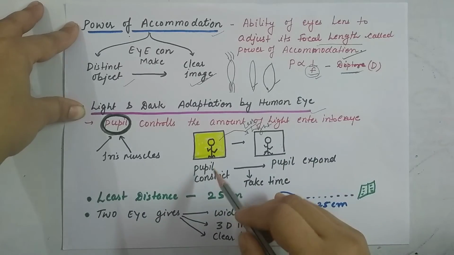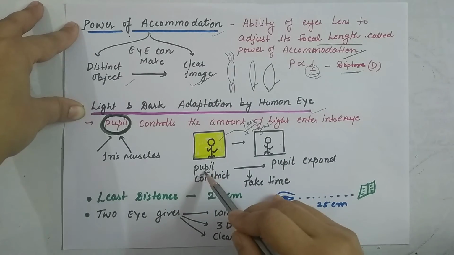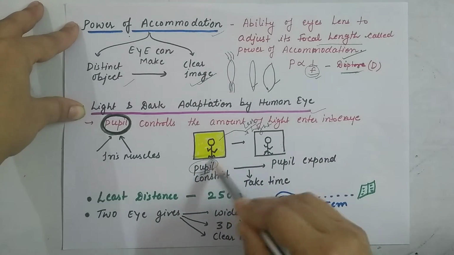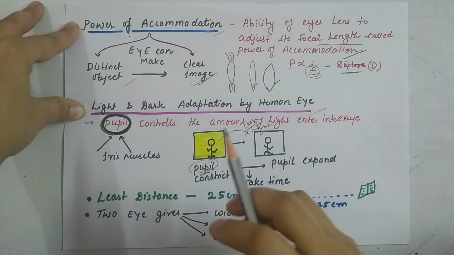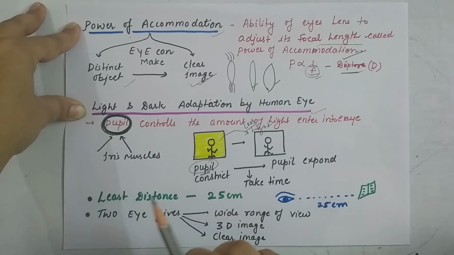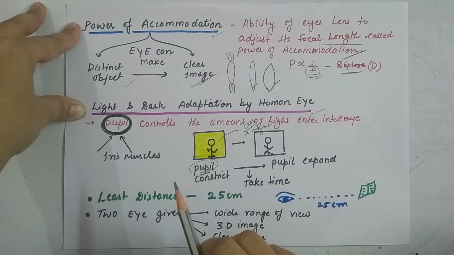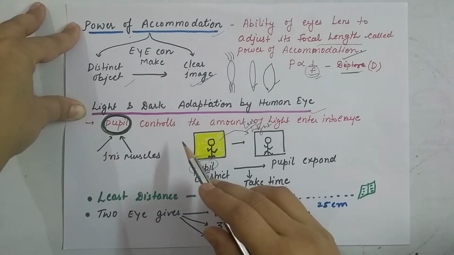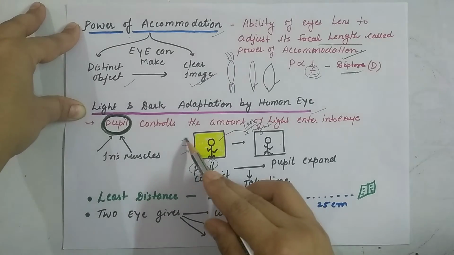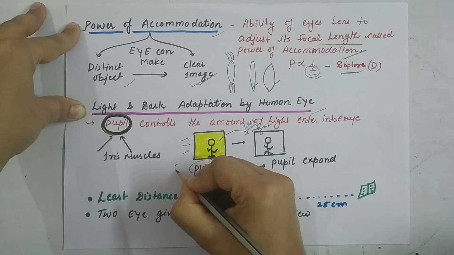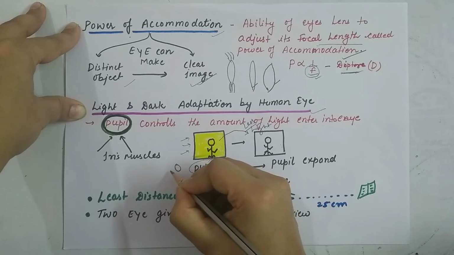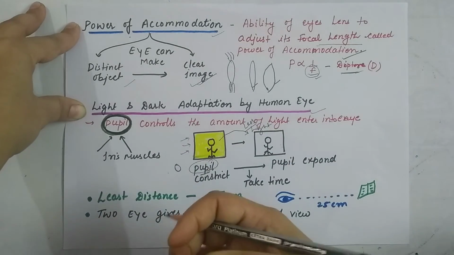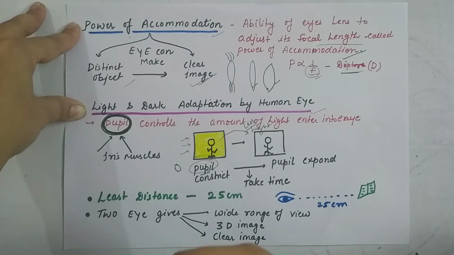So what happens? We know that the work of the pupil in our eye is to control the amount of light that enters our eyes. Whenever a lot of light is present, the pupils constrict and become small, because only a proper amount of light should come inside our eye.